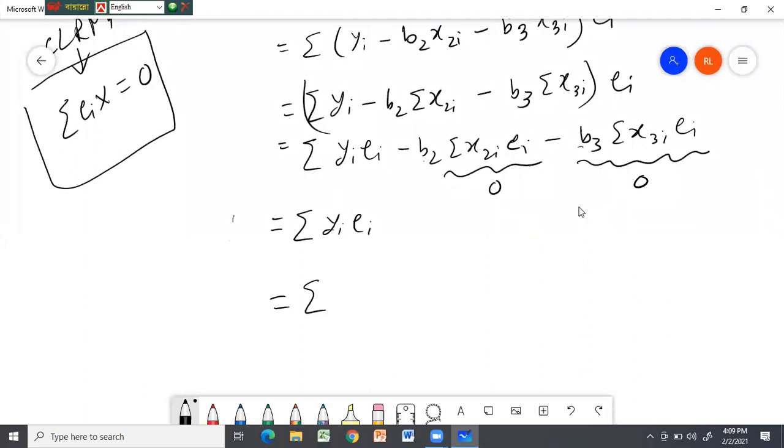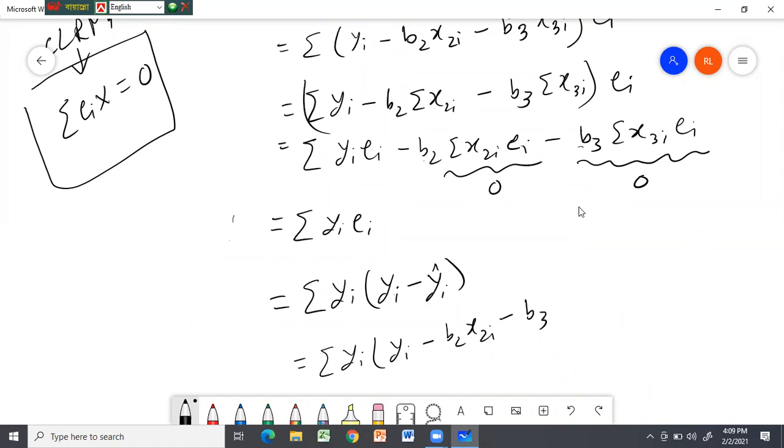So after that, this one is again yi minus yi hat. So y hat means b2 into x2i. Again, I am eliminating the b1 because b1 is included in the y bar.